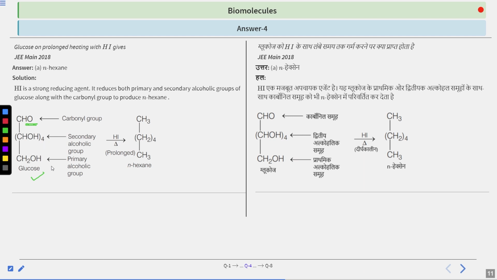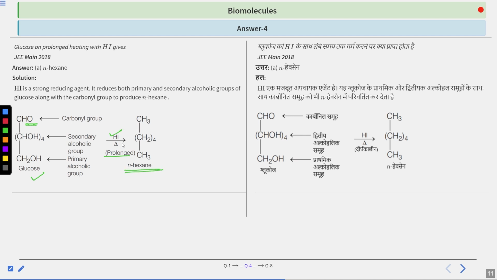And we also have a primary alcoholic group in the structure of glucose. It is primary because the hydroxyl group OH is attached to a carbon which is directly attached to only one carbon. That is why it is a primary alcoholic group. And when you heat glucose with HI, hydrogen iodide, with prolonged heating, you will get n-hexane.